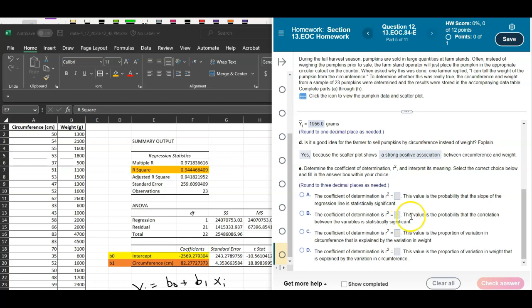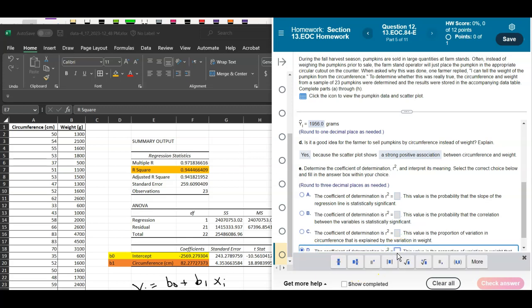So the y value that I have is the weight. So the r squared is the proportion of variation in circumference here. That's not what I need. So I need a similar statement: the proportion of the variation in the weight, the y value, that is explained by the variation in circumference. So this is what will be my preferred choice.